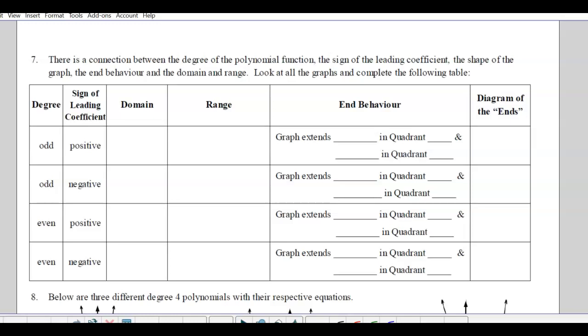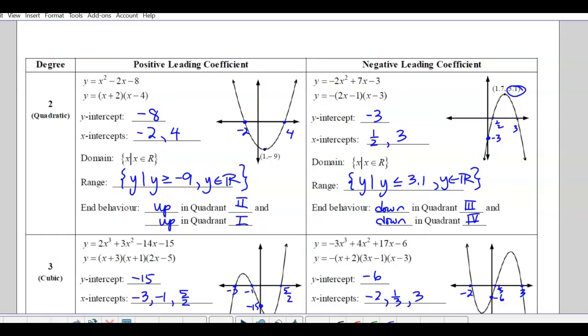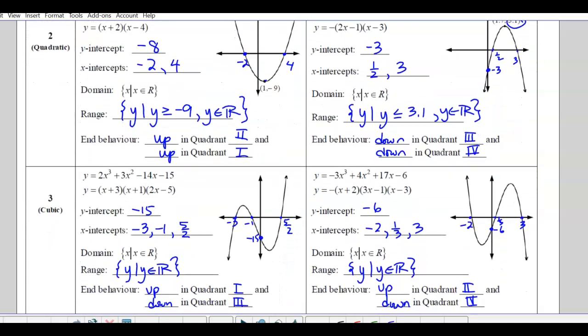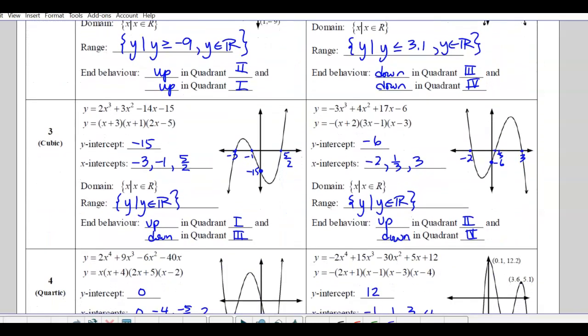one more thing I wanted to point out here is when we're looking at the cubic, so this had a positive leading coefficient, so it was going diagonal from quadrant 3 to 1, so up into the positive quadrant 1. Here, negative leading coefficient ends in quadrant 4.